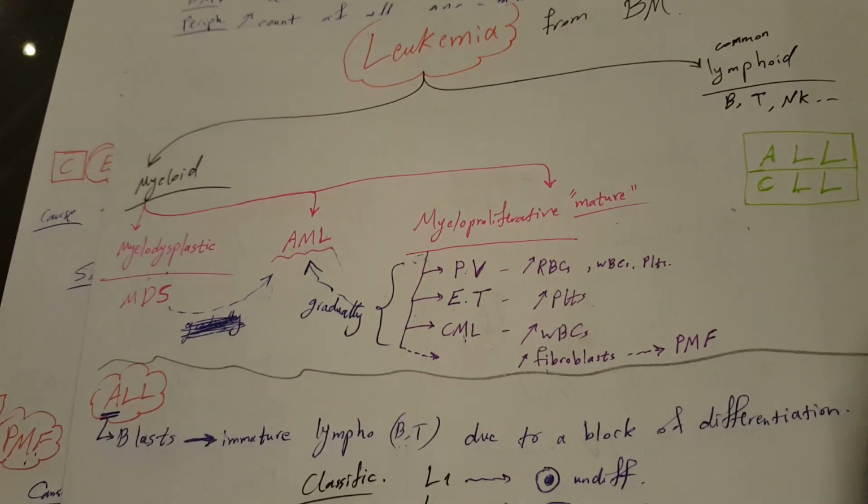So this was it about the leukemias, lymphomas, and everything. I hope you find it beneficial. The stuff I didn't mention, you can read on your own, like plasmacytoma, something different from multiple myeloma, and MGUS, monoclonal gammopathy of unknown significance.